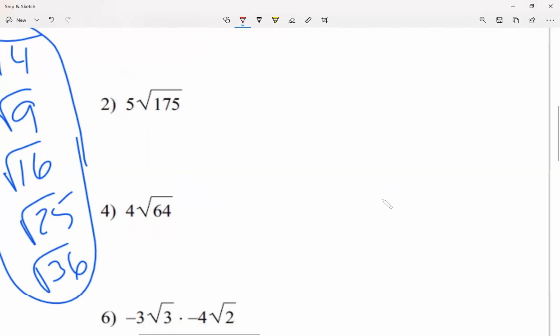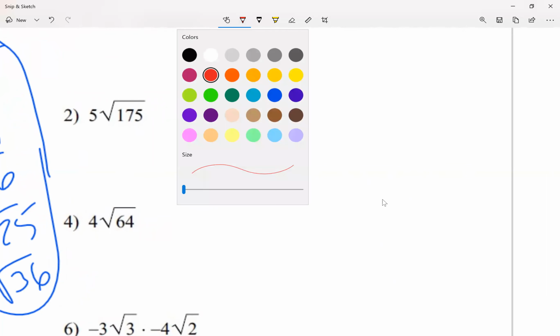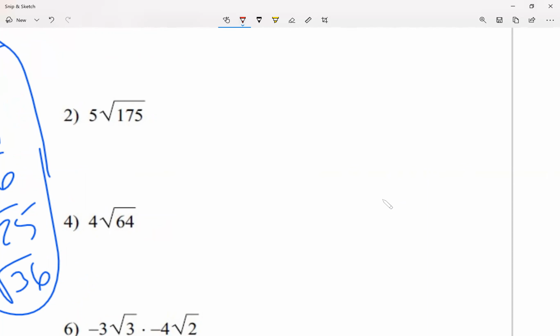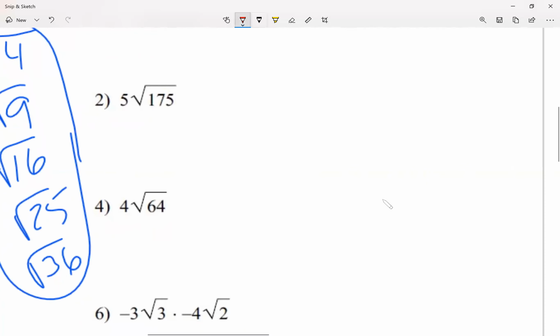Now looking at question number 2. Let me switch to blue for the work so we don't get confused. There's a 5 on the outside, and I'm just going to leave the 5. Now 175. Let me break this into 2 radicals.